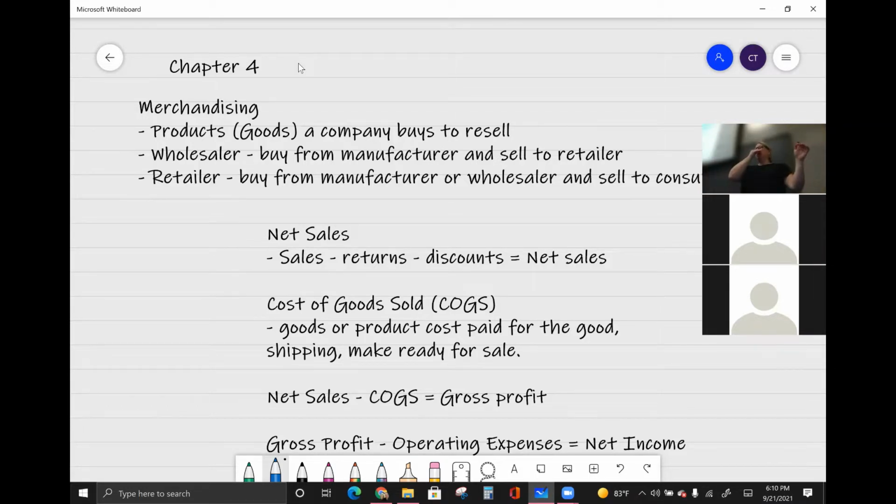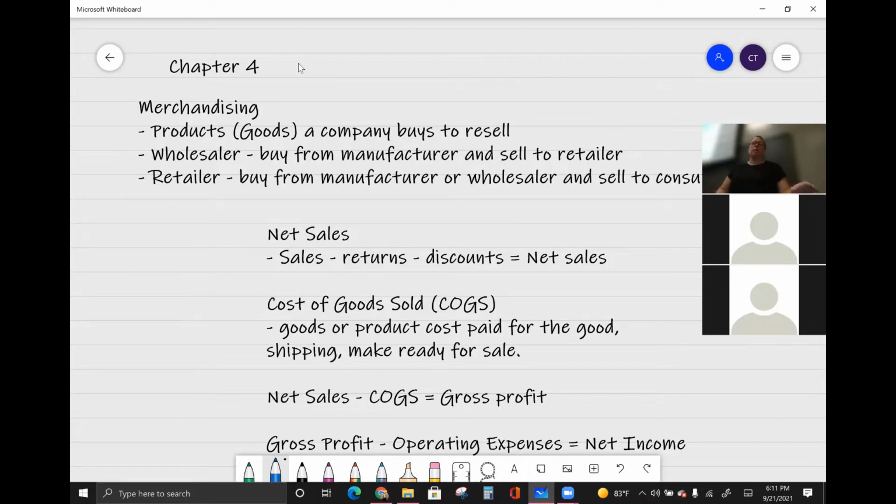So maybe I'm a wholesaler and I sell projectors. Maybe I buy a bunch of projectors from Epson. Yes, that's an Epson. Then I'm going to wholesale them to a reseller. That means I'm a wholesaler. I'm not going to pay tax on that inventory that I'm purchasing. I'm just passing it through. I'm buying from the manufacturer and selling to someone that's going to resell it.